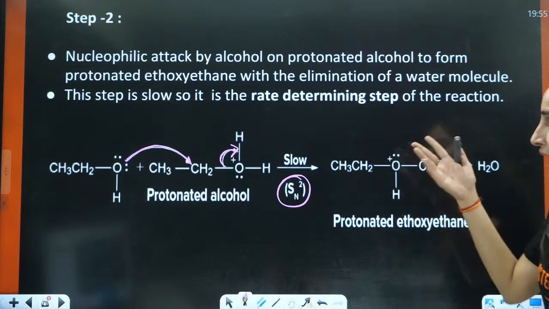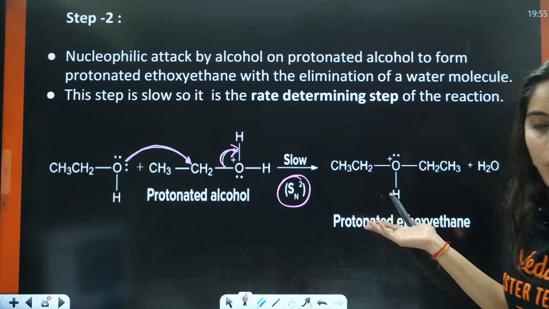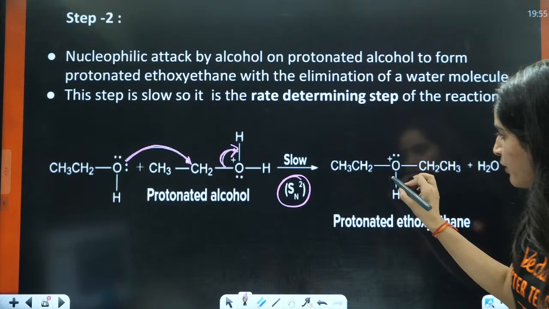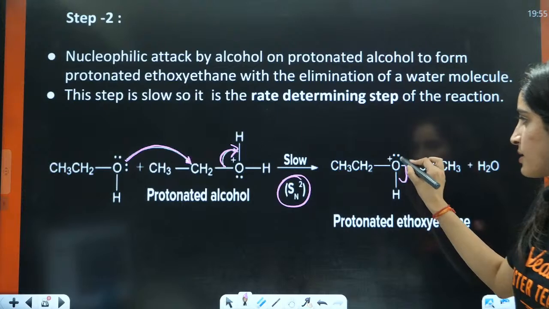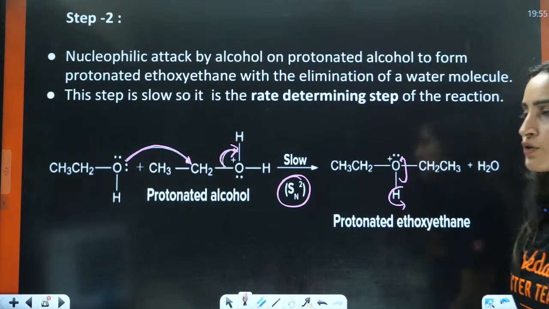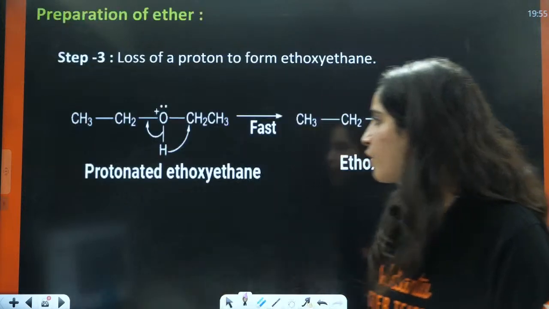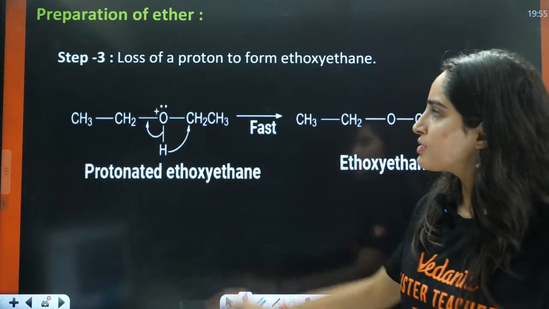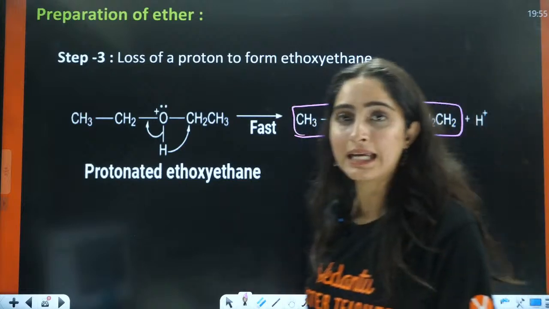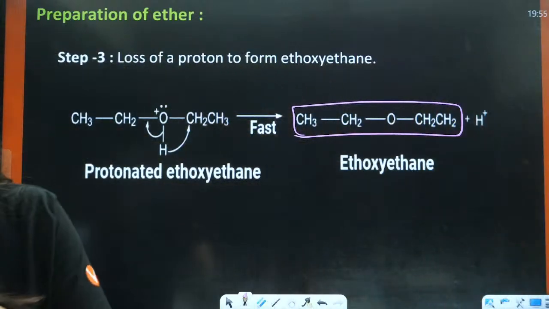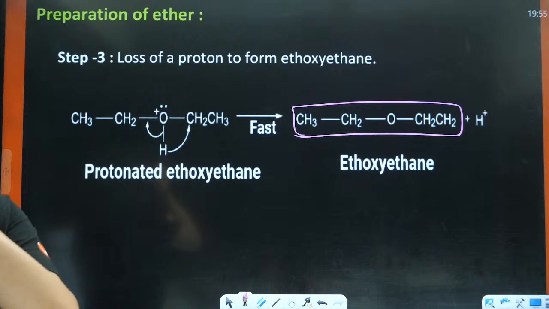Again, oxygen cannot handle a positive charge, so it will take the electrons from this sigma bond and H positive will be eliminated, and hence you will have the formation of this ether, right?